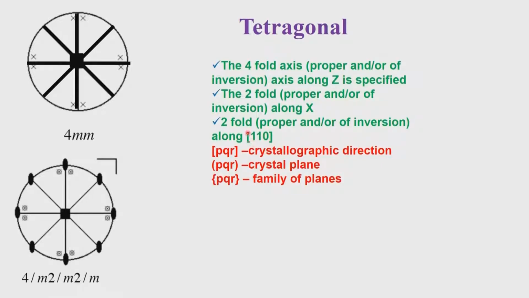So, this represents a crystallographic direction, a vector pointing in the direction characterized by 1 1 0. Just to complete the discussion on the nomenclature, if you have square brackets, it is a crystallographic direction, and if you have them in normal brackets, it represents a crystallographic plane or the family of planes in that particular orientation.